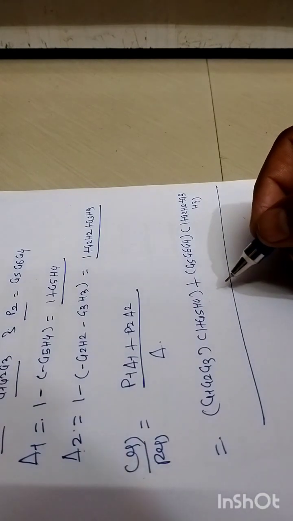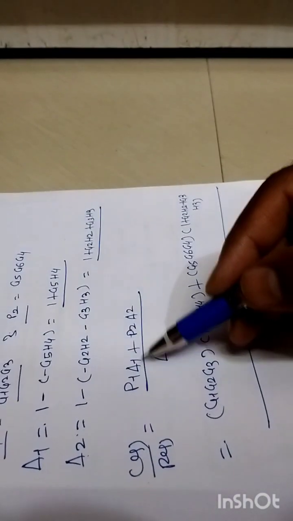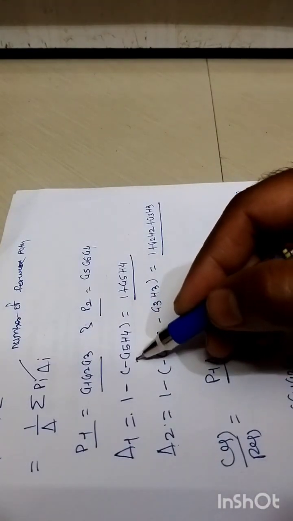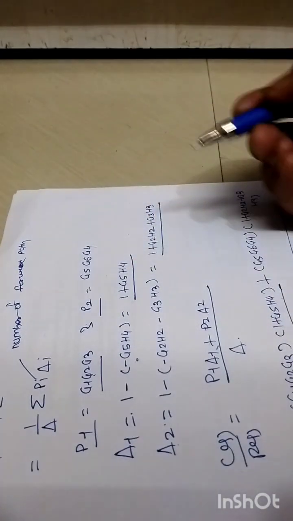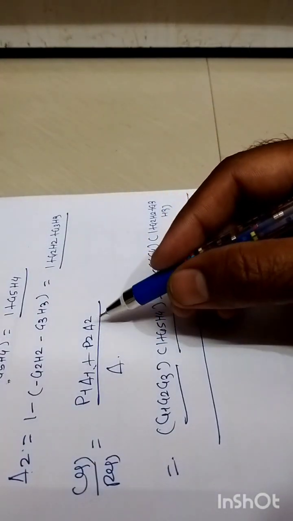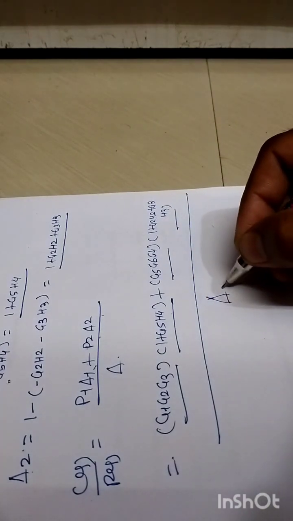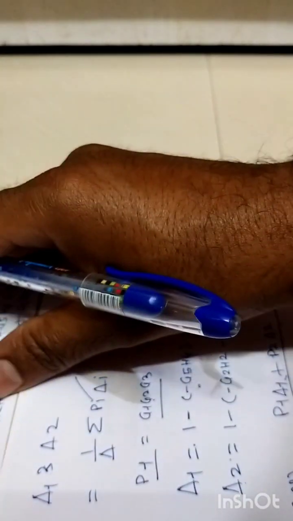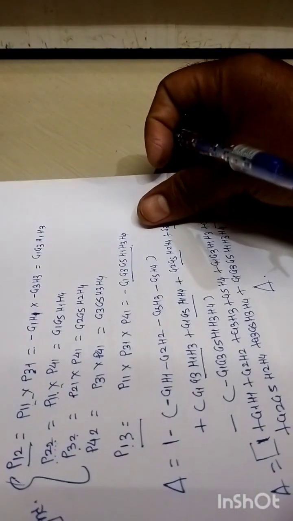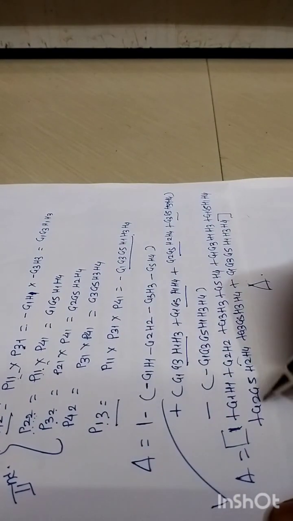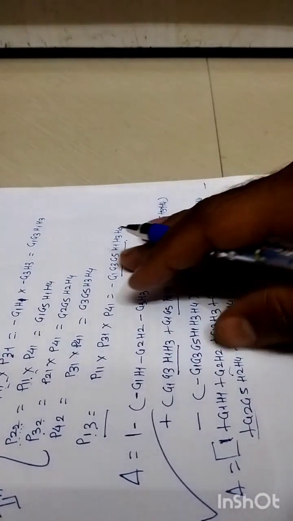This is the numerator of the transfer function, P1 into delta 1 plus P2 into delta 2. As far as the denominator is concerned, we need to write this whole term delta, which is already tabulated, within the denominator.